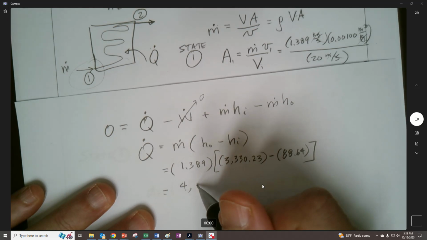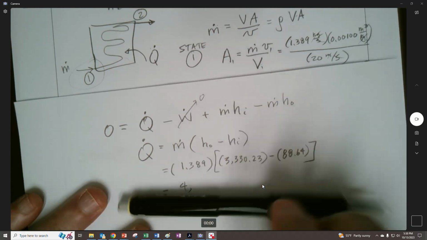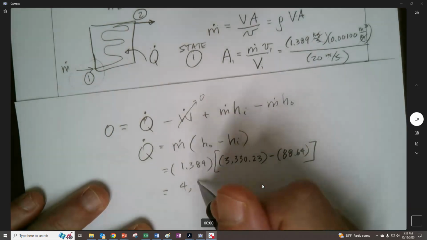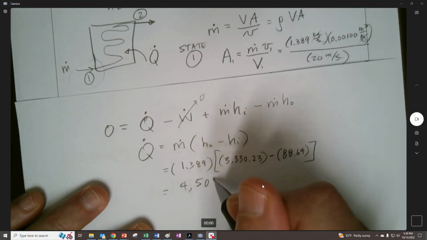So we get 4,000. Is that true? Let me think about that for a second. What I wrote down on my page doesn't sound right. Now I'm starting to second guess myself. 4,503.